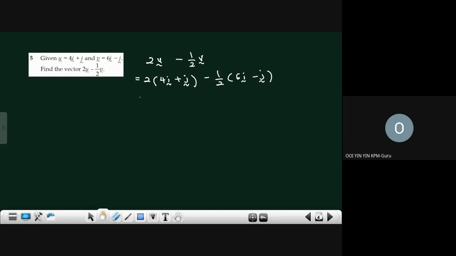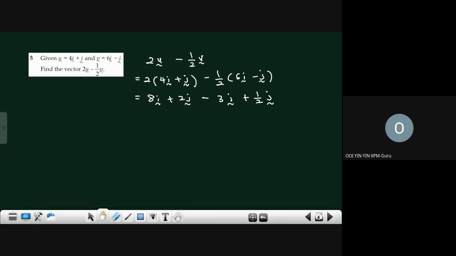Multiply by the constants: 2 with 4i becomes 8i plus 2j, and 1 over 2 multiplied by 6 gives 3i, and 1 over 2 multiplied by negative 1 becomes positive 1 over 2 j.